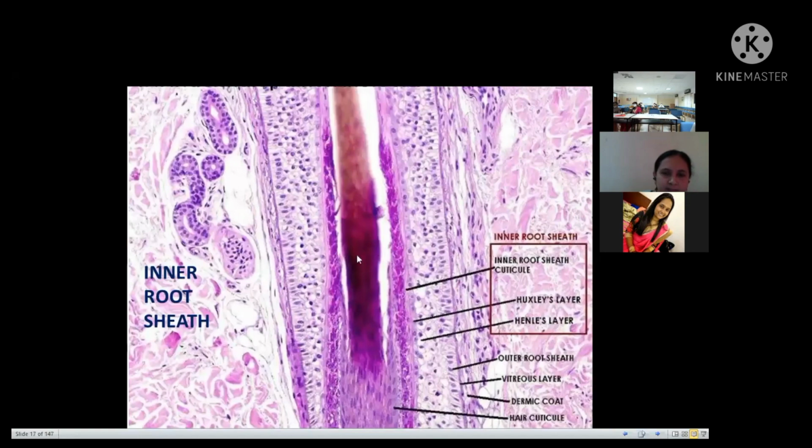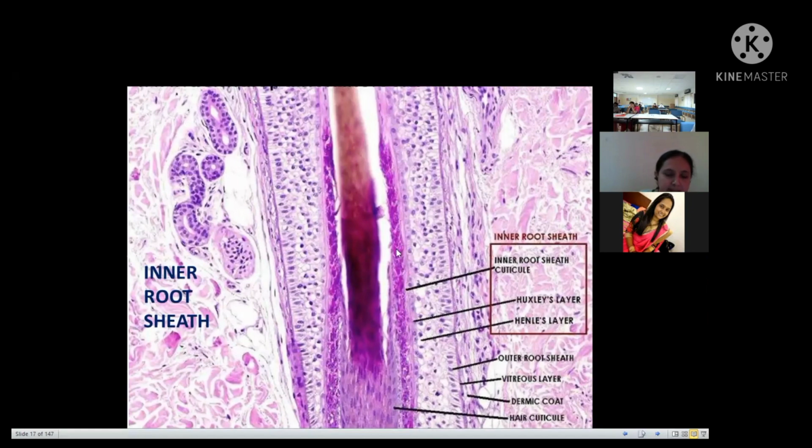So outside the hair shaft, we have the inner root sheath, which is made up of 3 layers. And can you make out this inner root sheath has pinkish granules. So these are trichohyalin granules, which are the follicular counterpart of the keratohyalin granules, which we see in the epidermis and the follicular infundibulum.